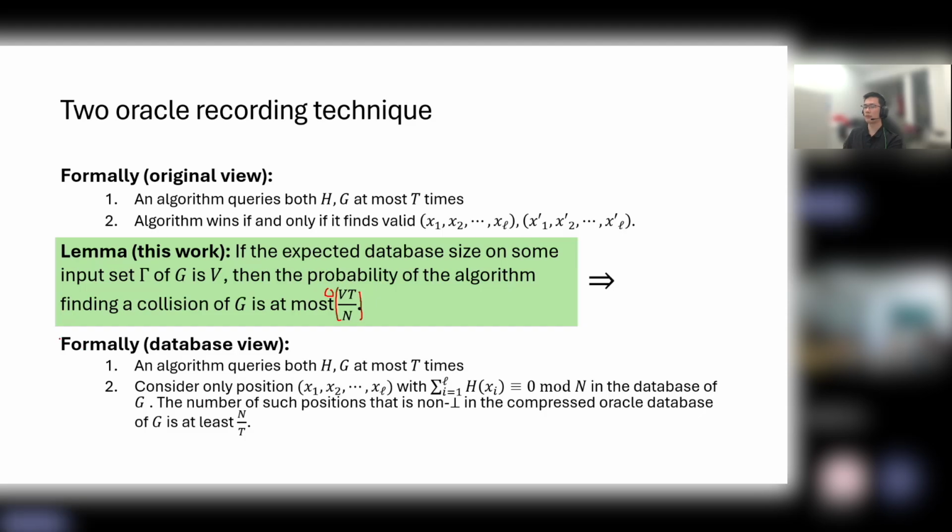Here, this second database view is somewhat similar to what we have before, like a long output problem.